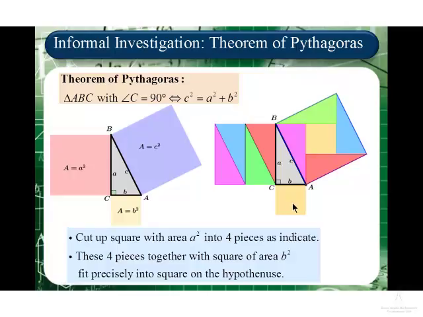You note also the area on the side CA, with the area being b squared, and you can cut this part off if you want to, or create a square with this particular area b squared, and then you fit the pieces together and you'll see that you cover exactly the area of a square with the side length c, which is of course then a very informal investigation and proof that the areas do correspond as indicated by this equation, namely that c squared is equal to a squared plus b squared, linking the sides of a right triangle together in a very special way.